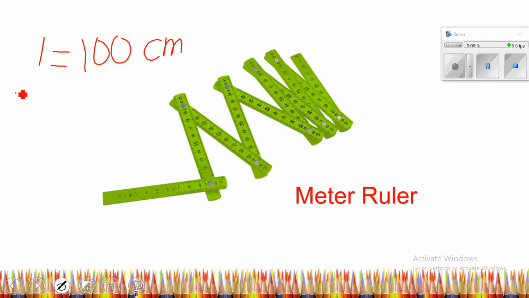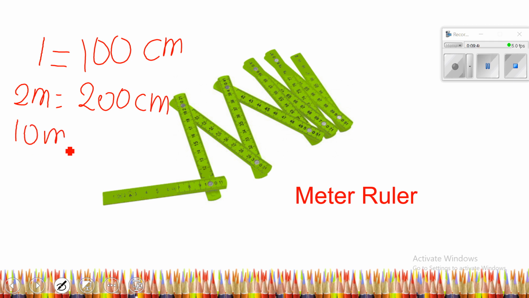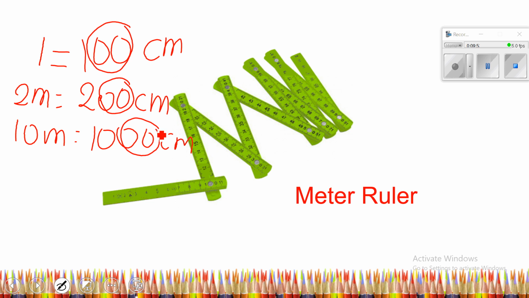If I have 2 meters, I have 200 centimeters. If I have 10 meters, I have 1,000 centimeters. Each time I'm just putting 2 zeros beside the number.